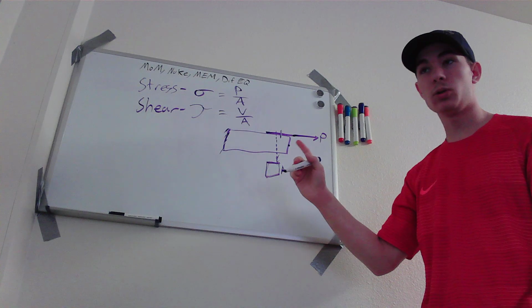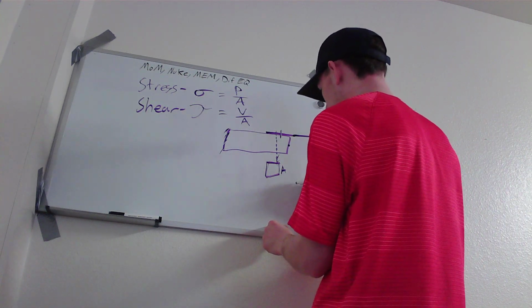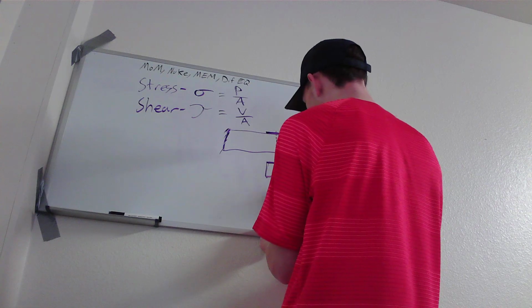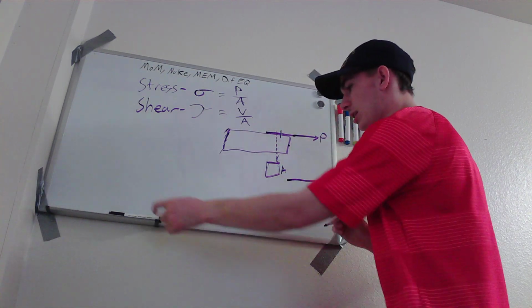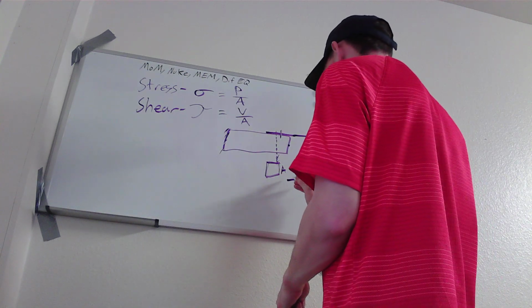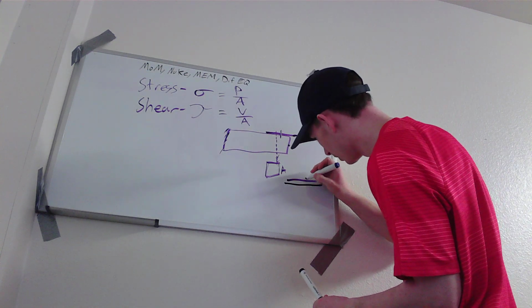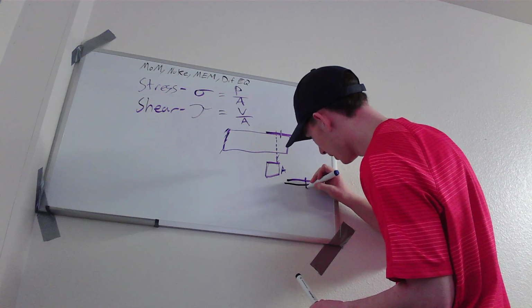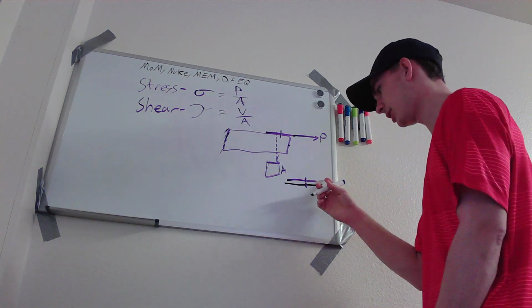Now this bolt is going to be in between these two places. So here's the sheet, and here's the wood, and the bolt runs into it this way, and then into it here. So it runs into both the wood and the sheet metal.